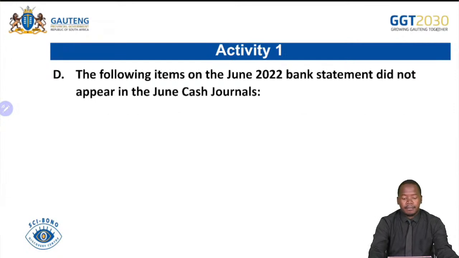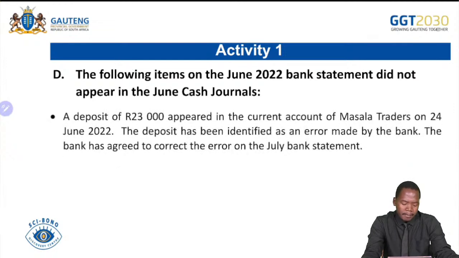Moving forward, the following items on the June 2022 bank statement did not appear in the cash journals. Like I've said, grade 12s, if an item is not on the cash journals but is correctly on the bank statement, we record it in the respective cash journal.